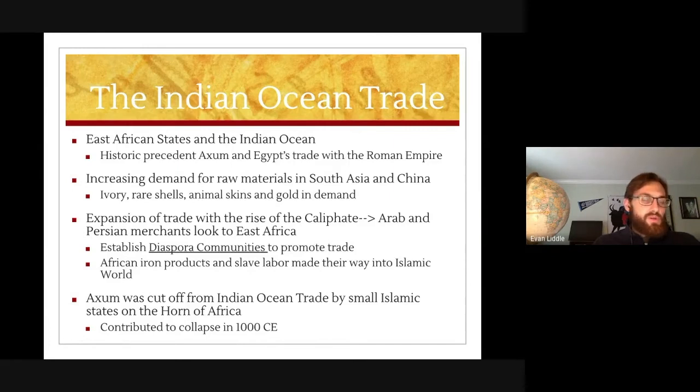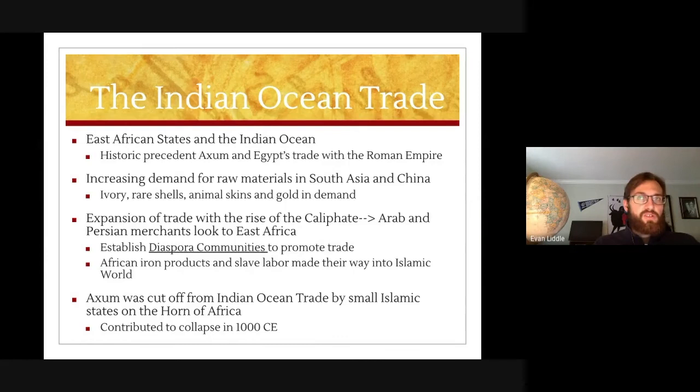Arab and Persian merchants were looking to East Africa for goods that they could sell, and they established a small trading post, and local African leaders later built these up into larger trading cities. This is how we get the Swahili city-states.